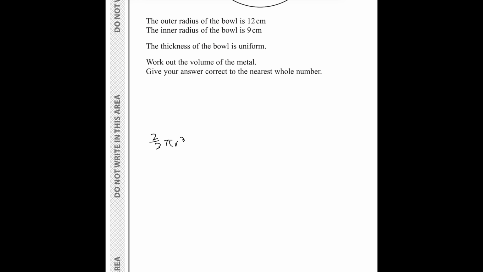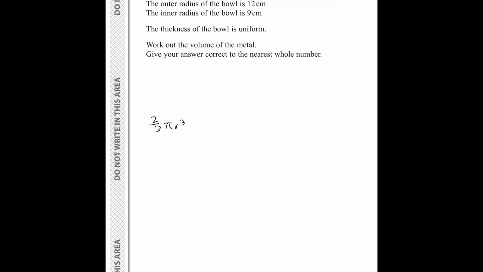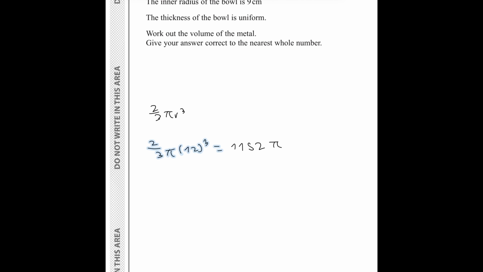So let's do the outer radius first. It's going to be 2 over 3 pi 12 cubed. Let's do that real quickly on the calculator. Okay. 1,152 pi. Seems about right.